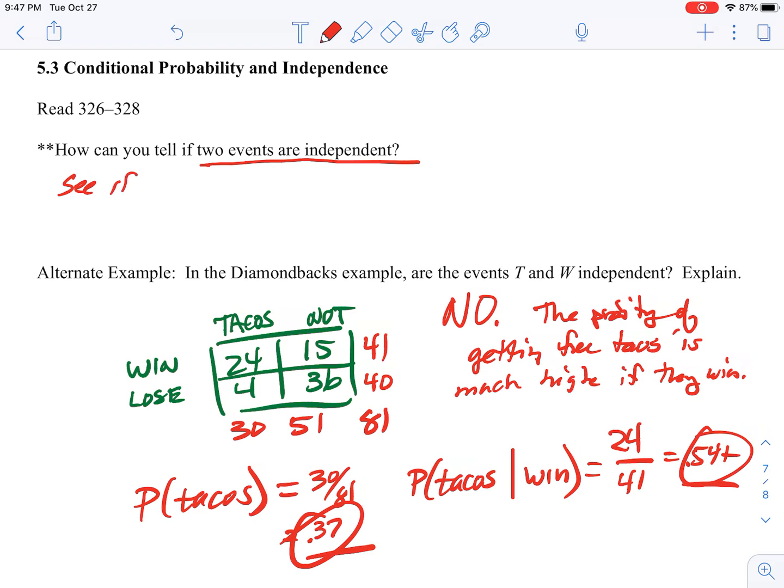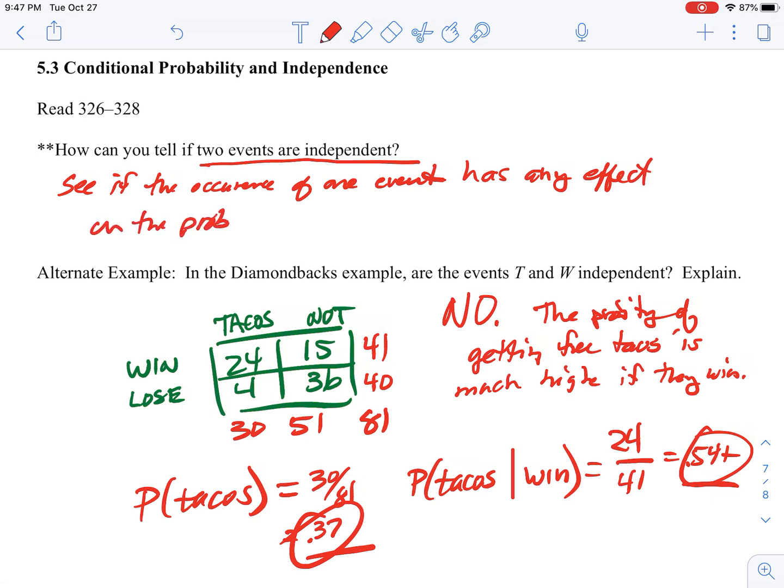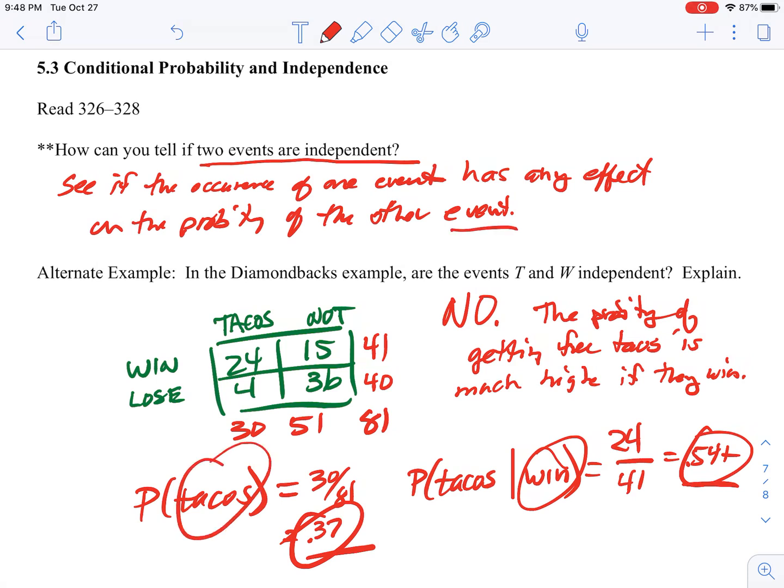So see if the occurrence of one event, like winning a game, has any effect on the probability of the other event, like getting free tacos.